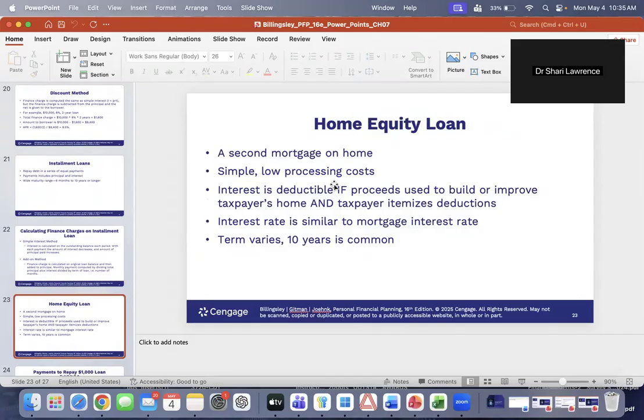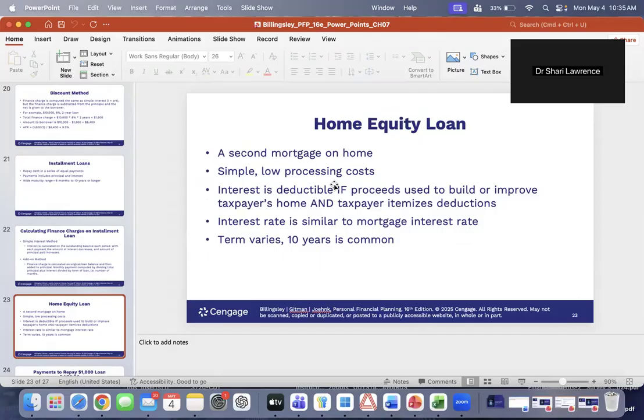Now, some people will get what's called a home equity loan. Let's say you buy a house, you have a mortgage, and then some years down the road, let's say 5 years, you only owe $200,000 on your house and it's worth $400,000 now.